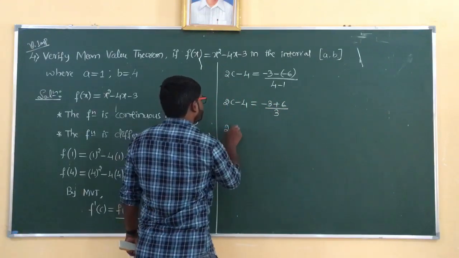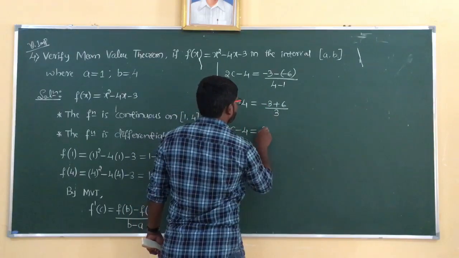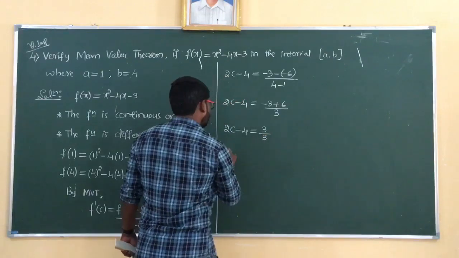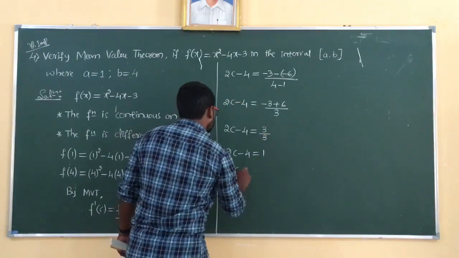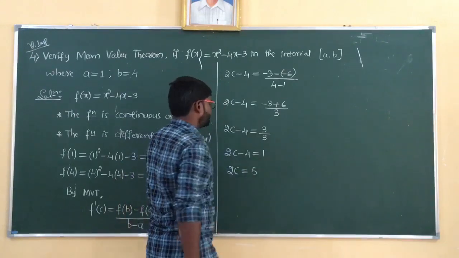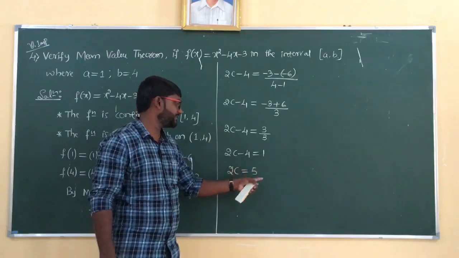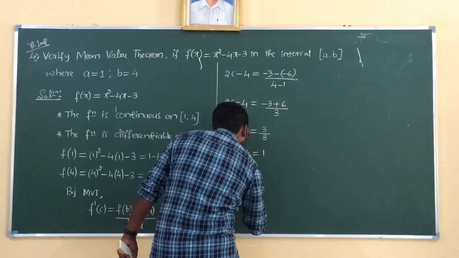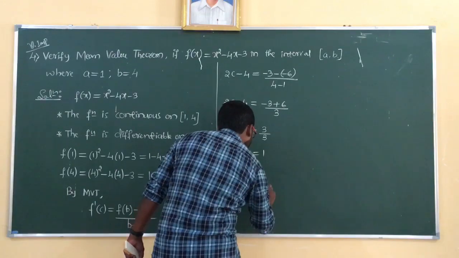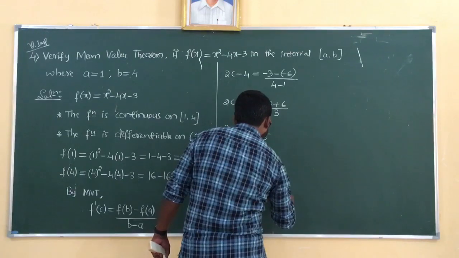So 2c minus 4 is equal to 6 minus 3, it is 3 divided by 3. 2c minus 4 is equal to 1, 2c is equal to 5. So now I take minus 4 to the RHS, it becomes plus 4, 1 plus 4 it is 5. c is equal to 5 by 2 belongs to open interval 1 comma 4.